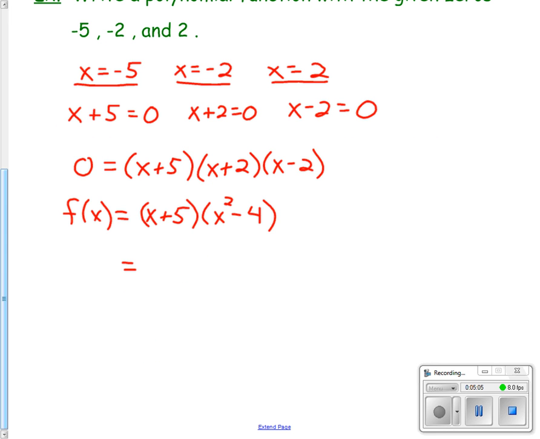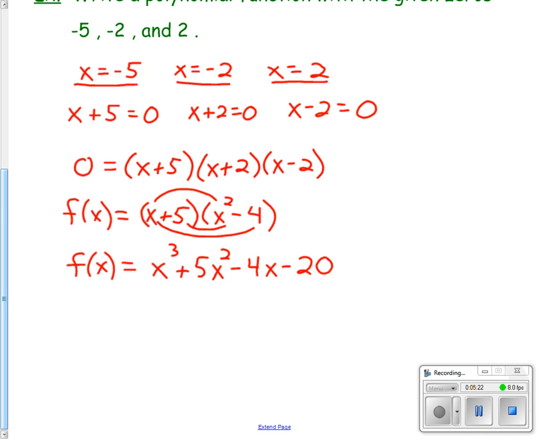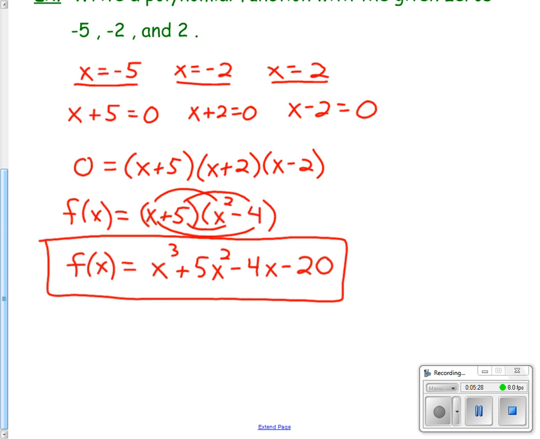And finally, let me multiply these two sets of parentheses, and I'll get x cubed plus 5x squared minus 4x minus 20 by multiplying all the terms. So the polynomial that has zeros -5, -2, and 2 is the function f of x equals x cubed plus 5x squared minus 4x minus 20.